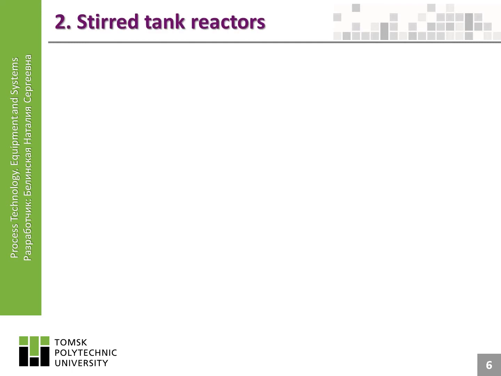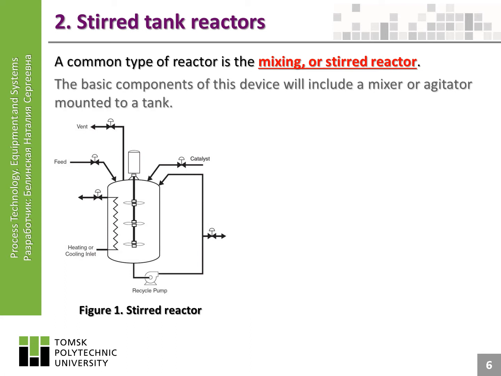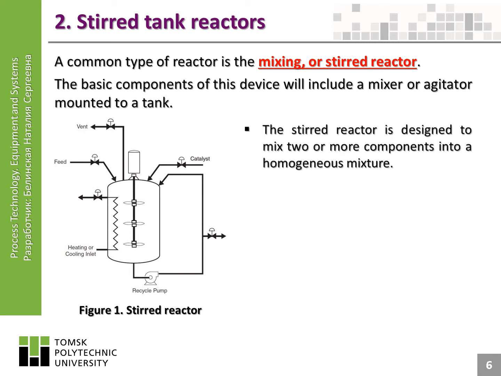Stirred tank reactors. A common type of reactor is the mixing, or stirred reactor. The basic components of this device will include a mixer or agitator mounted to a tank. The stirred reactor is designed to mix 2 or more components into a homogeneous mixture.